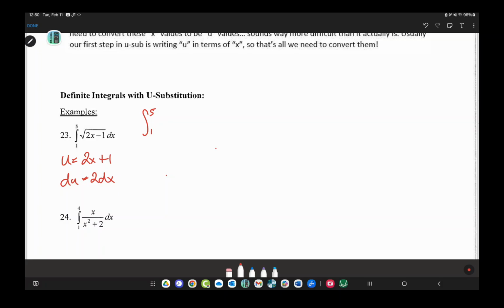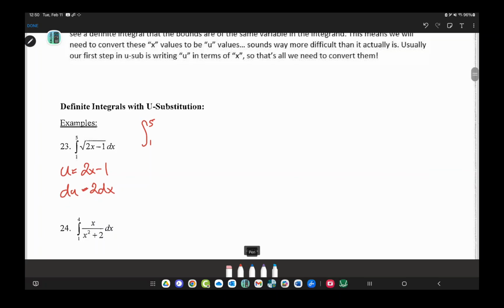Fine. So 1/2 du is equal to dx. So 1/2 of the square root of u du. Now again, if I want to write this as 1/2 from 1 to 5 of u to the 1/2 du, I can. If I add 1, it gives me 3/2.